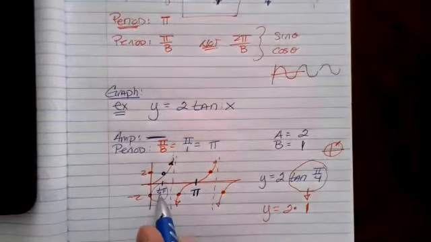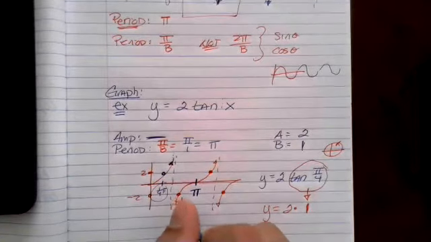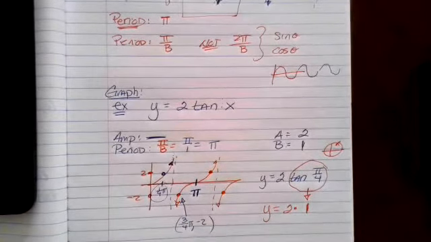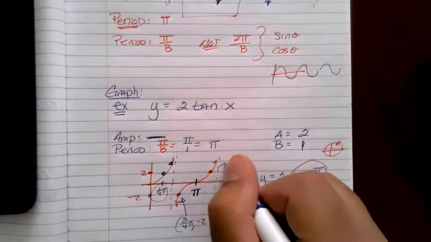If this is 1/4 pi, this is 2/4 pi, then this point is 3/4 pi, comma, negative 2. 4/4 pi, 5/4 pi.